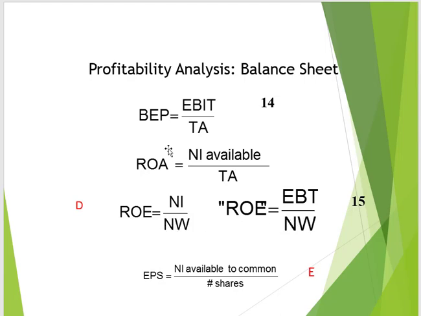But again, the higher the numbers here, the greater the profits. BEP is the greater profit that's created by using the assets that we've purchased. For return on equity, it's the greater amount of profit that's created by using shareholder investor money.